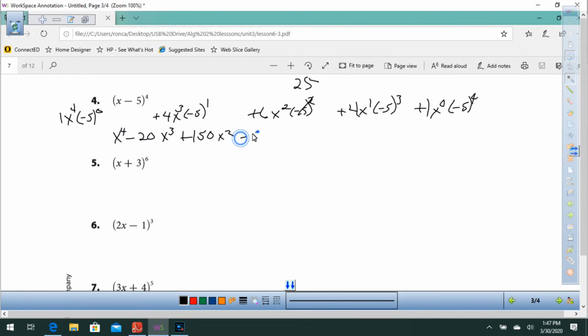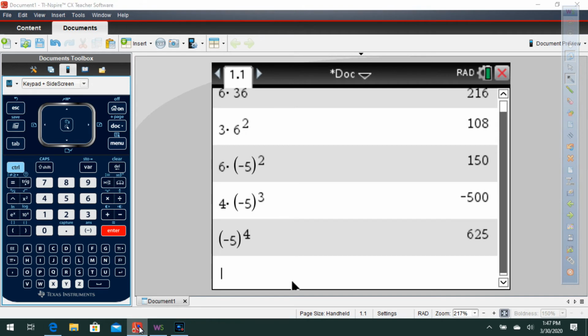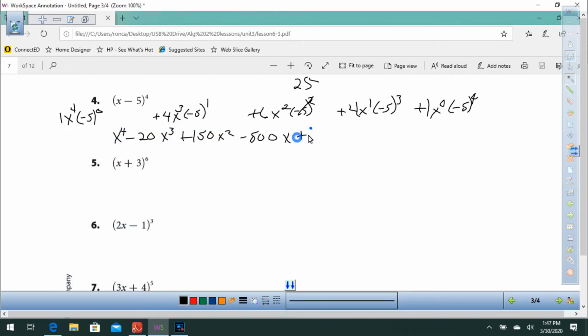So minus 500 x, and now we got negative 5 to the 4th power, so let's do, in parentheses, negative 5, 4th power, 625. Plus 625. Now, personally, I think this makes stuff a whole lot easier, expanding these, because if you had to do that the other way, it would take a little while.